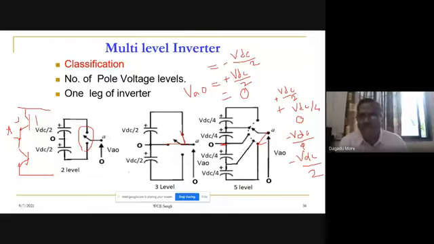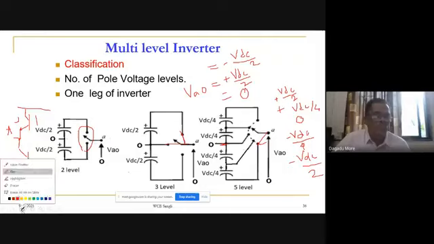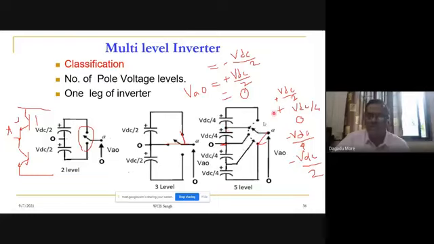The pole voltage has 5 levels. What are these 5 voltage levels? When A is connected to the upper, two capacitors voltage, plus VDC by 2. In the next position, one capacitor, VDC by 4. When O and A are shorted, it is 0. When A comes to this position, it is minus VDC by 4, and in this position, minus VDC by 2.